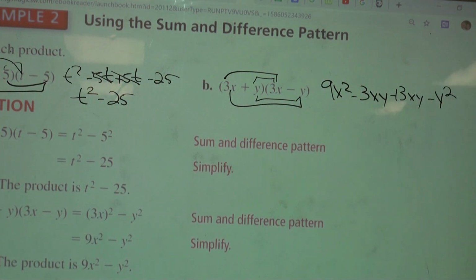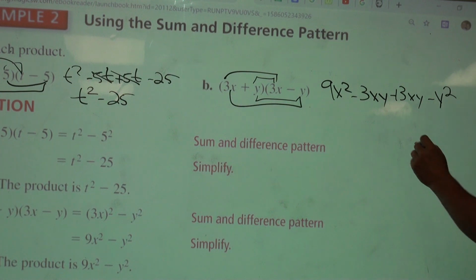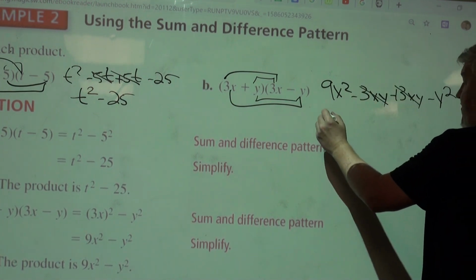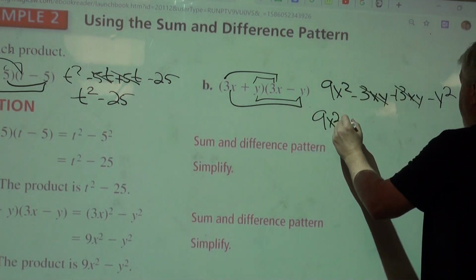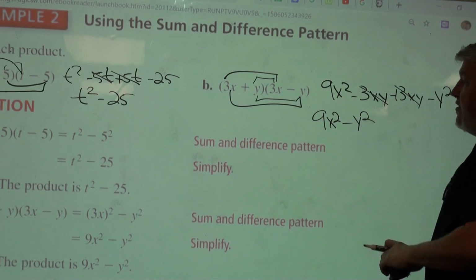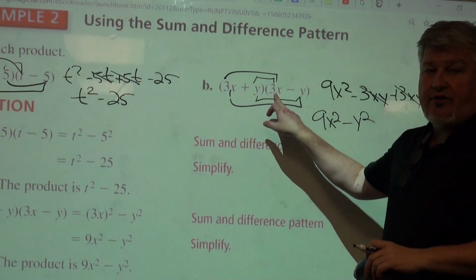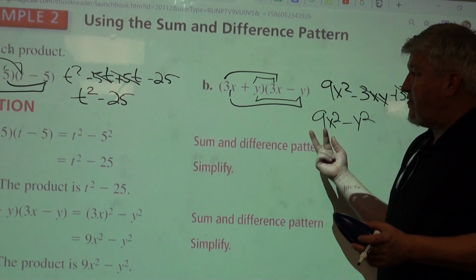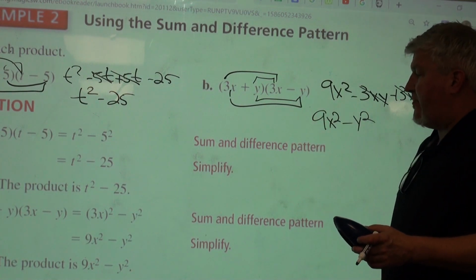And then we combine like terms. A minus 3xy and a plus 3xy cancel each other out. You're left with 9x squared minus y squared. Multiply the first terms together and then multiply the last terms together. That's all you're doing. These are special sum and difference patterns, okay?